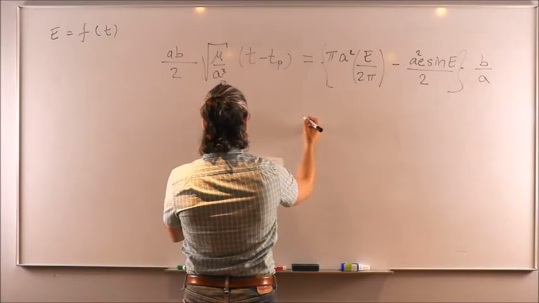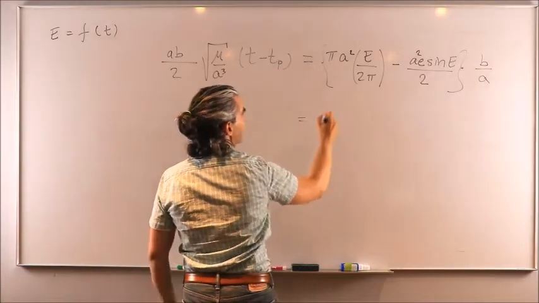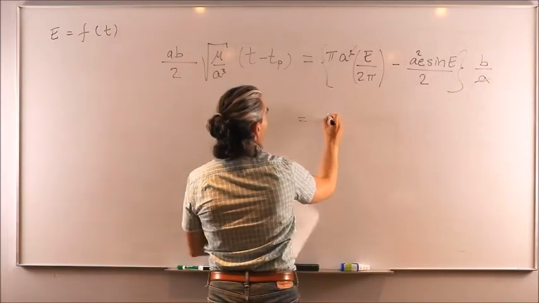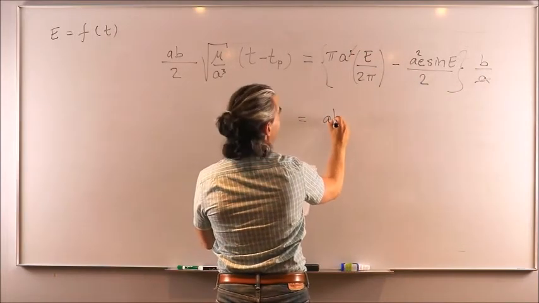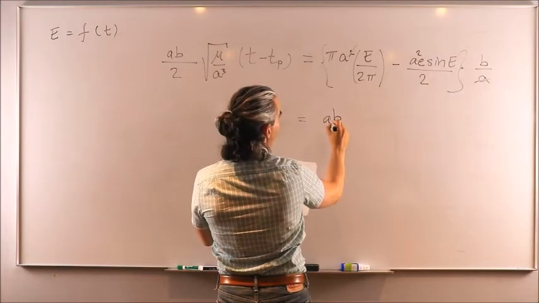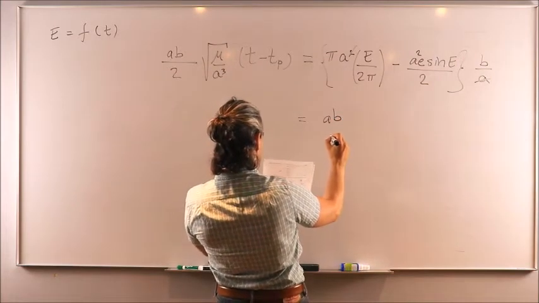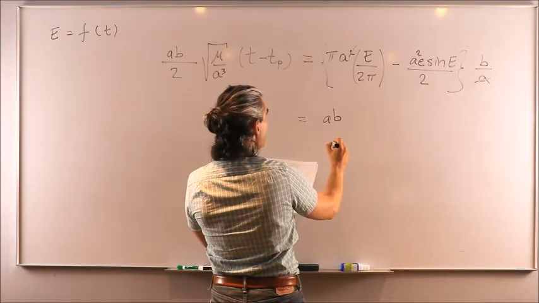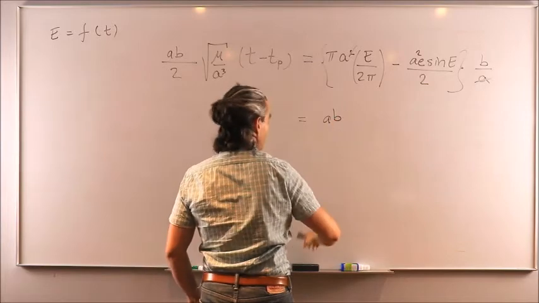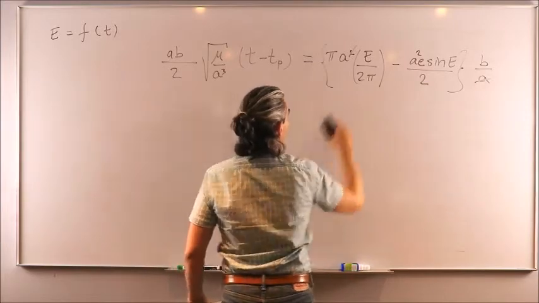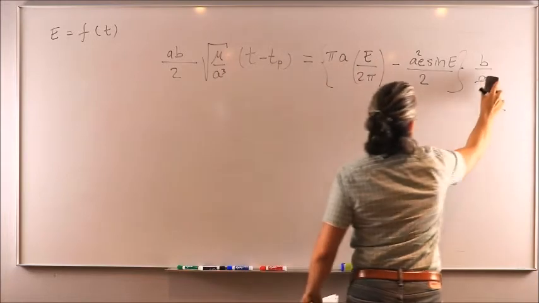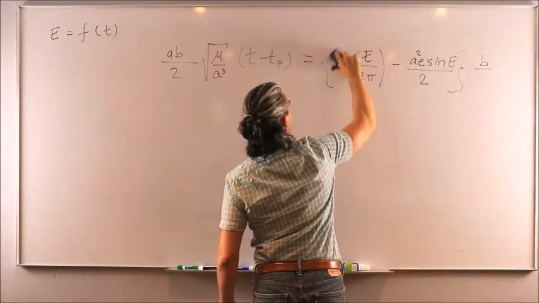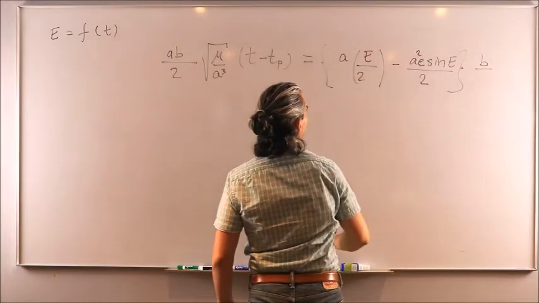That side over there can be further simplified by canceling A's here. Hold on a second. Let me cancel this with that, and let me cancel the pi as well. So we're left with this.